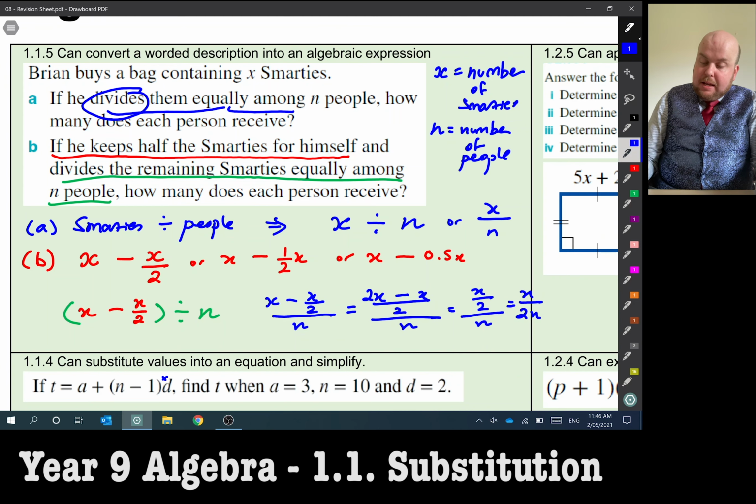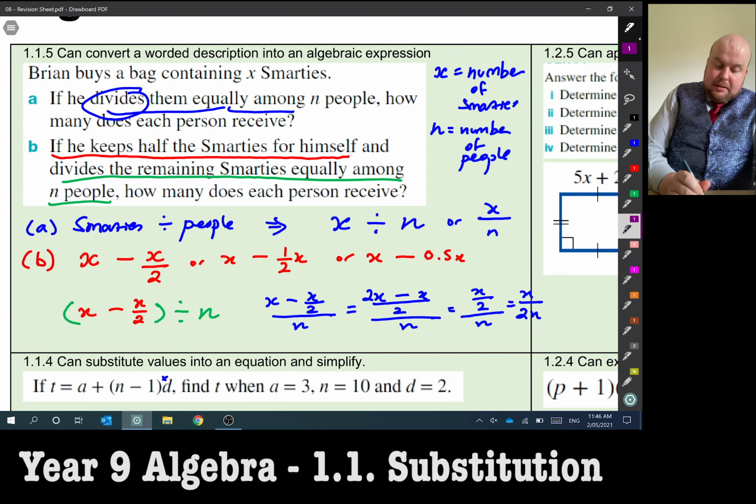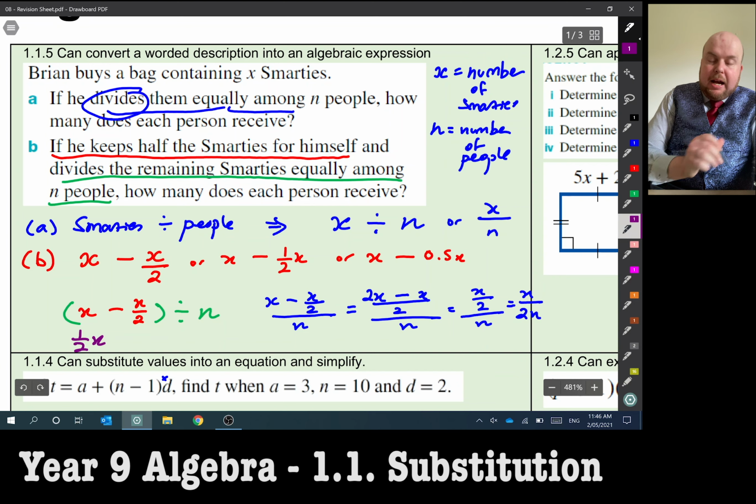Alternatively, if we have a look at the original question, another way you could approach this is that if he keeps half of the Smarties, how many Smarties are left? Well, if I had one lot of Smarties, take away half of them, the ones that are left over would be half a lot of Smarties.